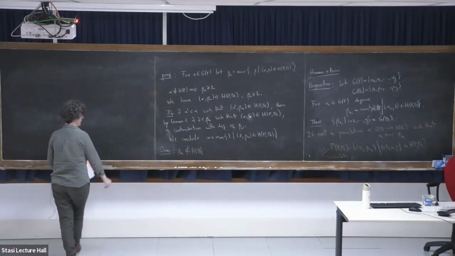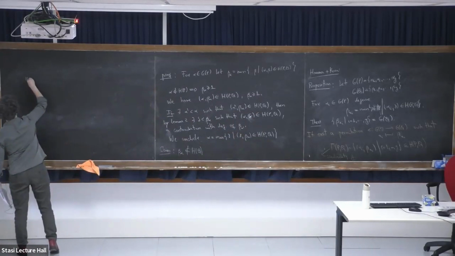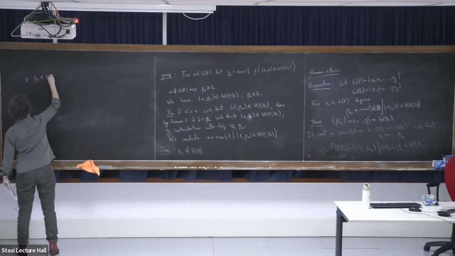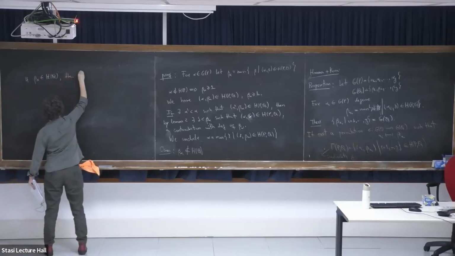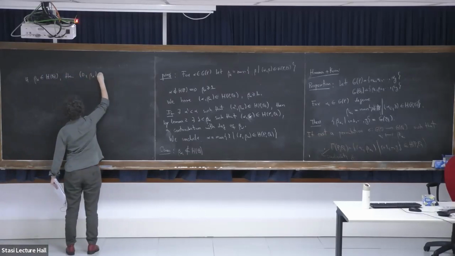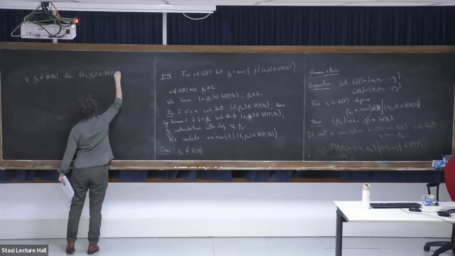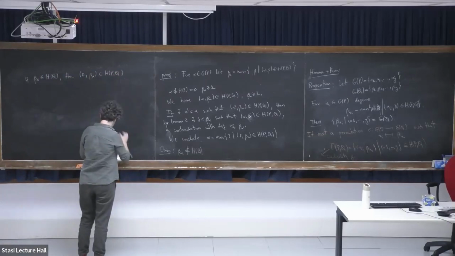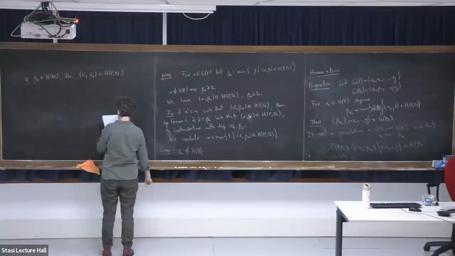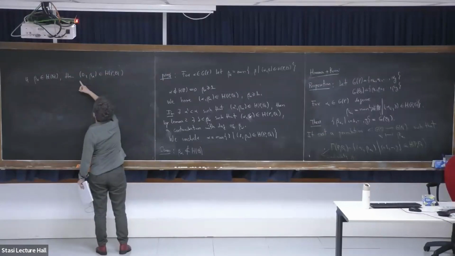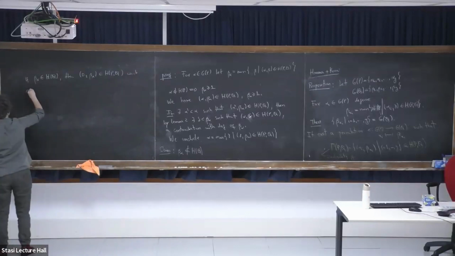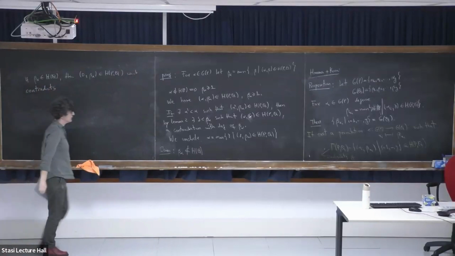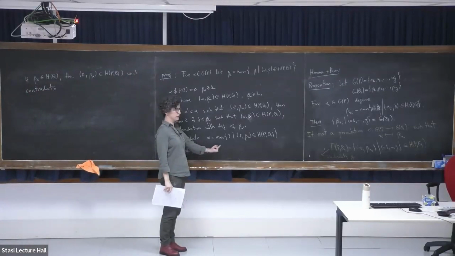Well, if beta alpha is here, then 0 beta alpha is here, and then this has to be here, which is a contradiction with the fact that alpha was the minimum.